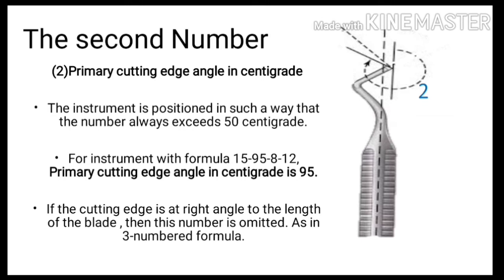For the instrument formula 15, 95, 8, 12, the primary cutting edge angle in centigrade is 95. If this cutting edge is at right angle to the length of the blade, then this number is omitted, as in the 3-numbered formula.